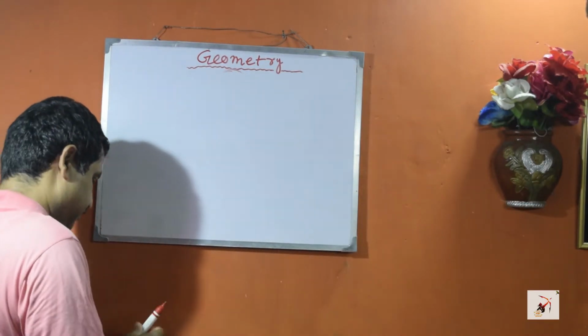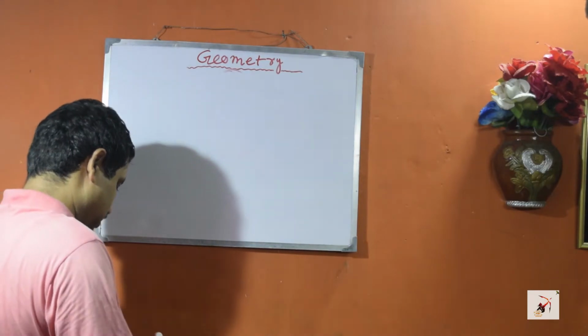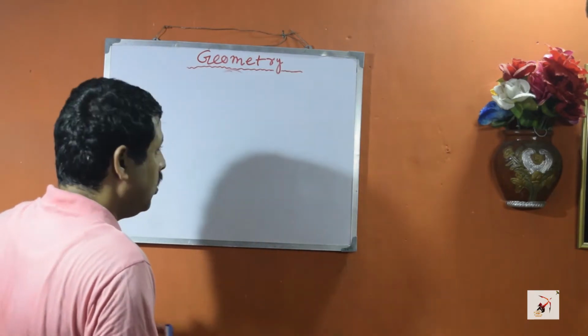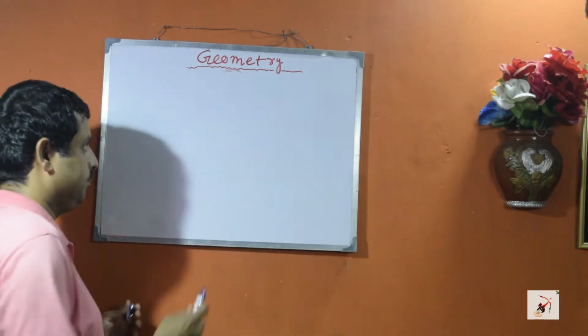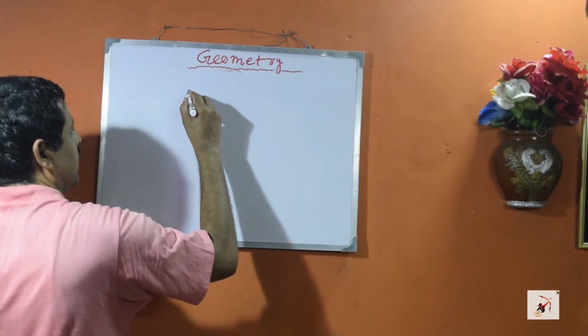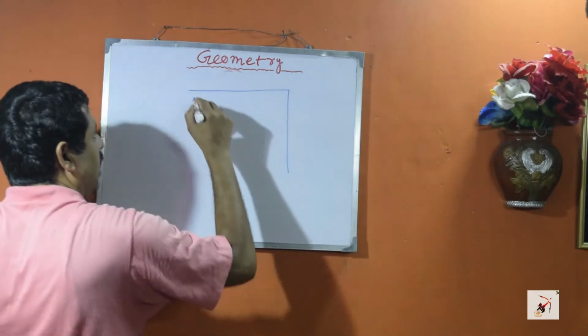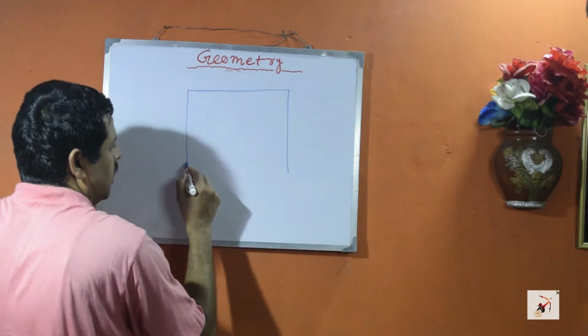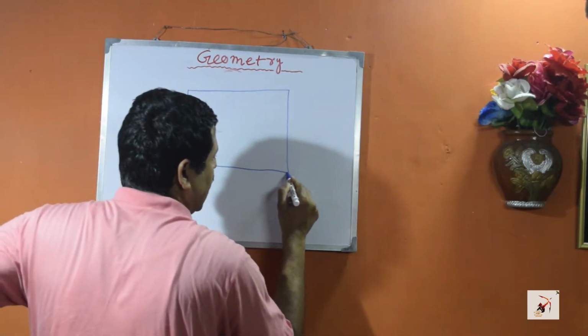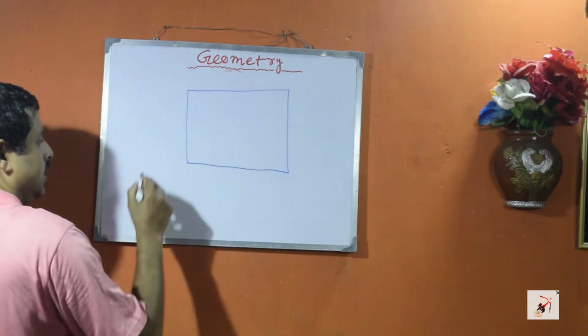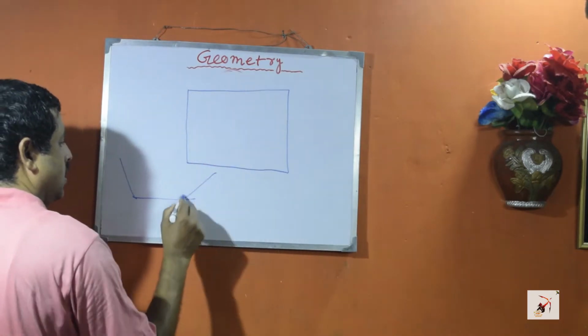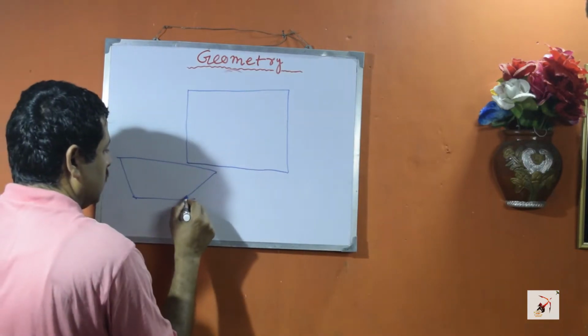Another is the quadrilateral. Quad means four. Quadrilaterals, that is, an area bounded by four line segments connected to one another. This may be this type also.